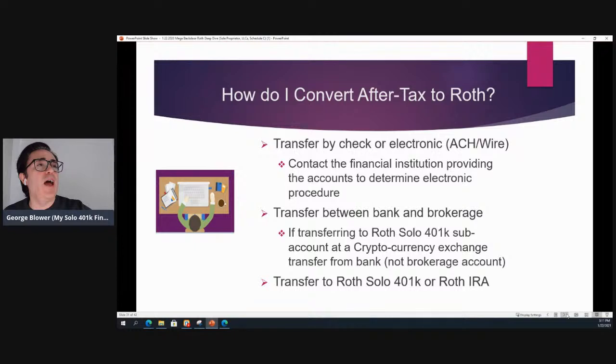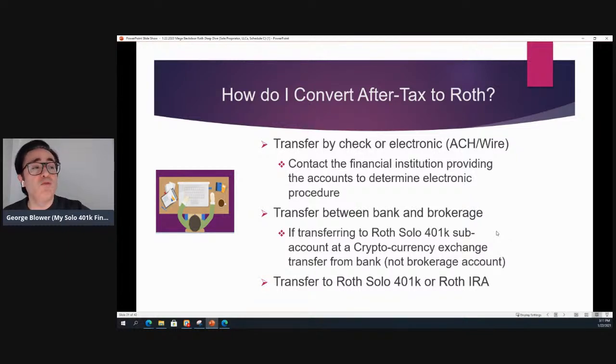How do I convert after-tax to Roth? So you've got multiple options. You could do it by check. You could do it by wire. You're going to want to, again, check with the financial institution that provides your account to determine their own procedure to move money in between accounts electronically, if that's your preference.